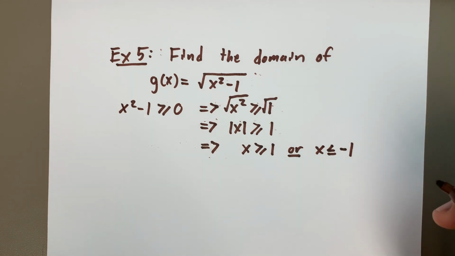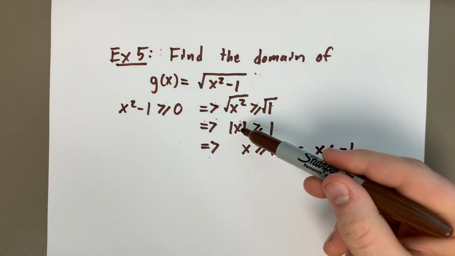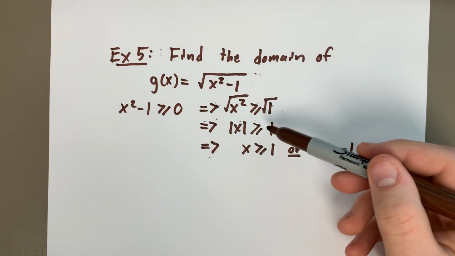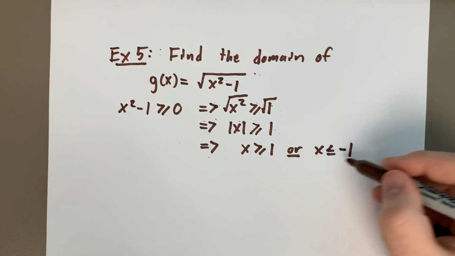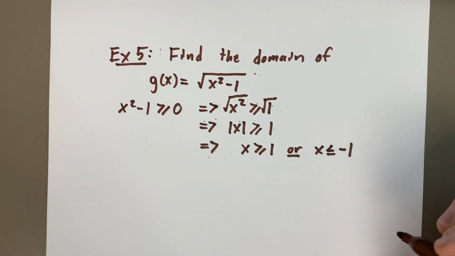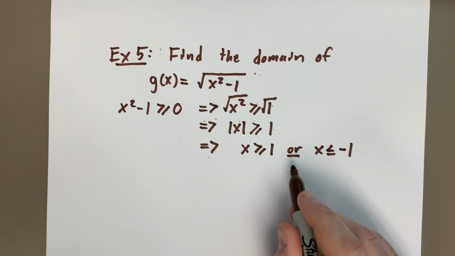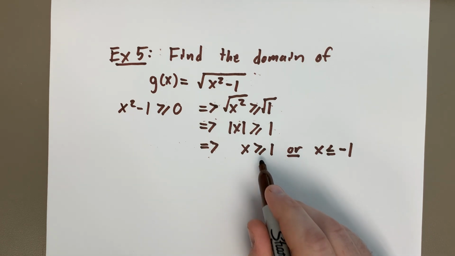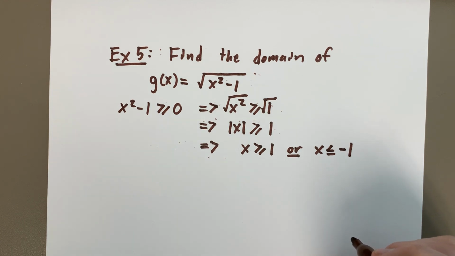As I mentioned before, I can plug in minus 2 because when I take the absolute value, that's going to be greater than or equal to 1. So that's where this case comes into play. I can plug in minus 2 because that's less than or equal to minus 1. So this is going to be my domain. I can plug in any x value that is greater than or equal to 1, or x is less than or equal to minus 1.